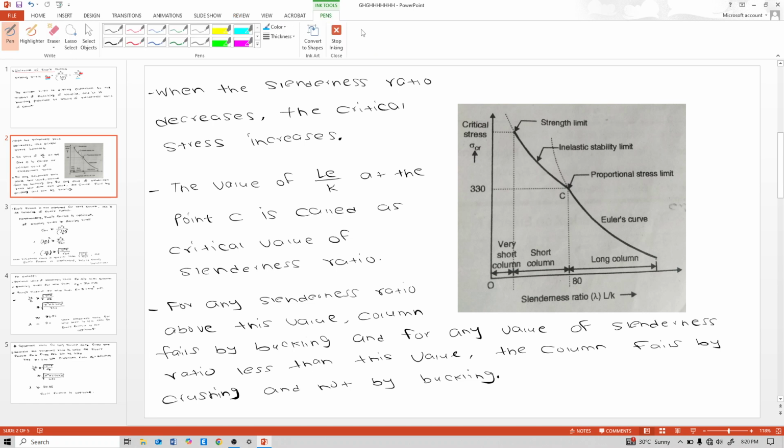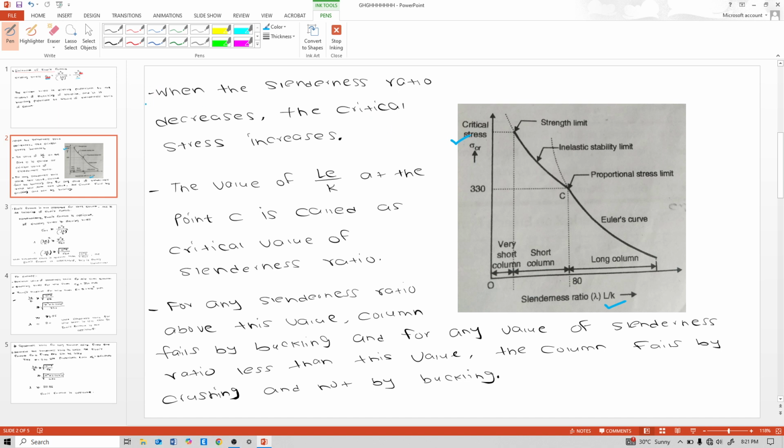See here also, in this graph also, that is seen as C. If the slenderness ratio decreases like this, from here to here, first understand that graph. On the x-axis it is slenderness ratio, lambda is equal to L upon K, effective length upon least radius of gyration, and on the y-axis it is critical stress, sigma CR.